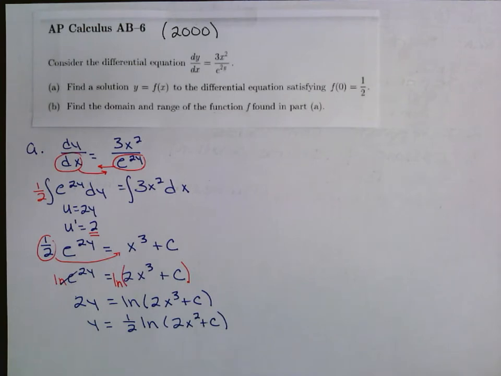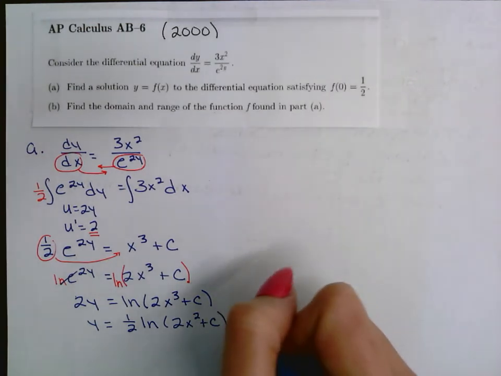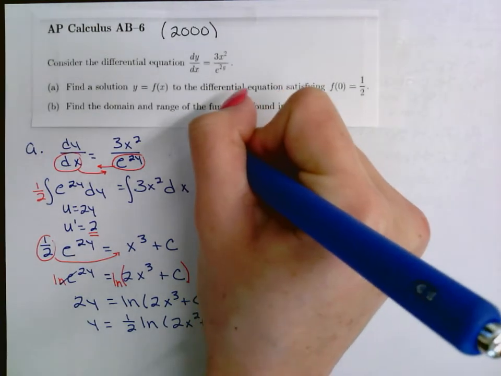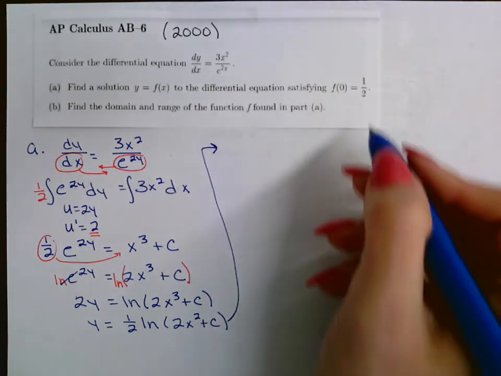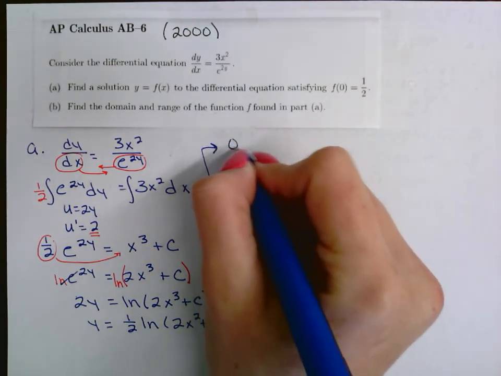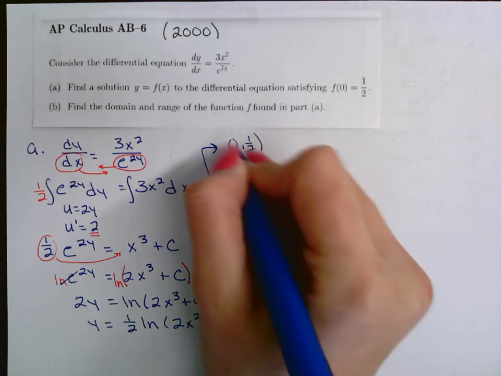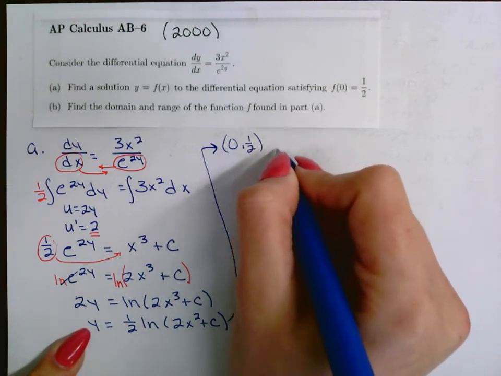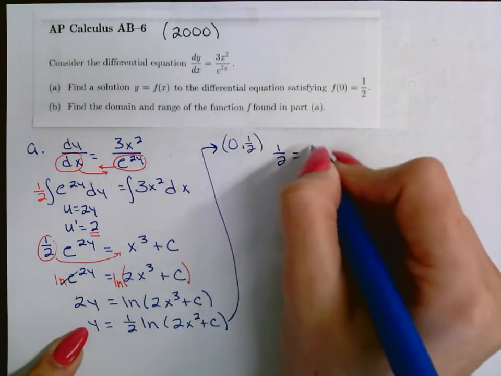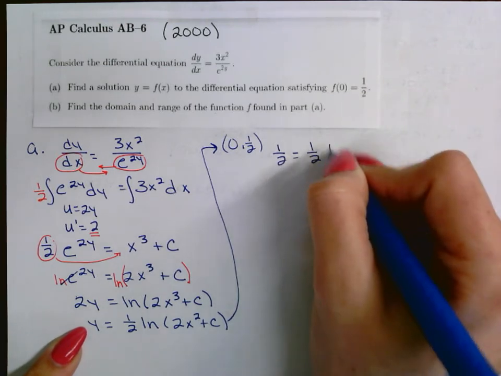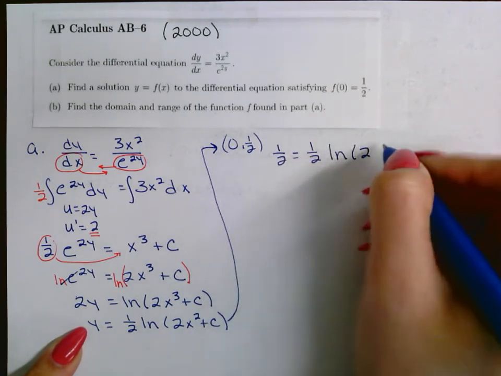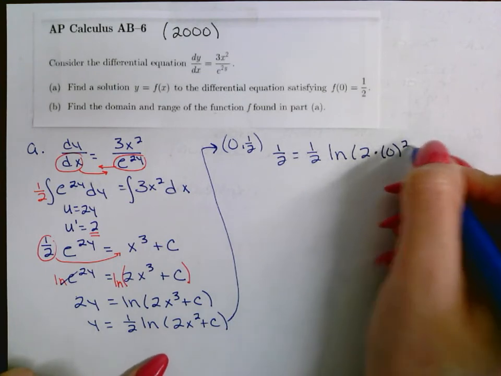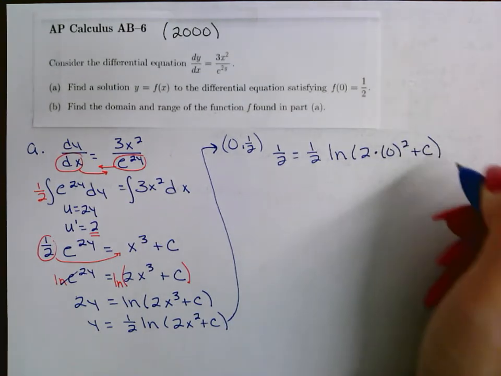Okay, so I'm going to come up here just to have some more room. I'm going to plug in my ordered pair, which is 0, 1/2. So I can say 1/2 equals 1/2 ln of 2 times 0 cubed plus c.